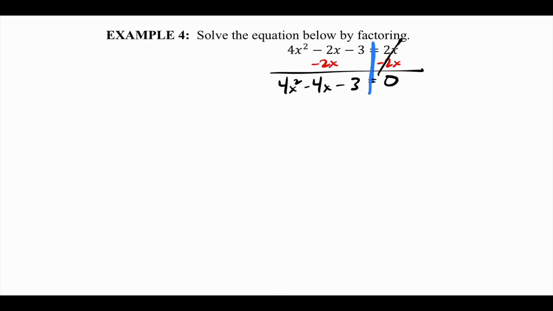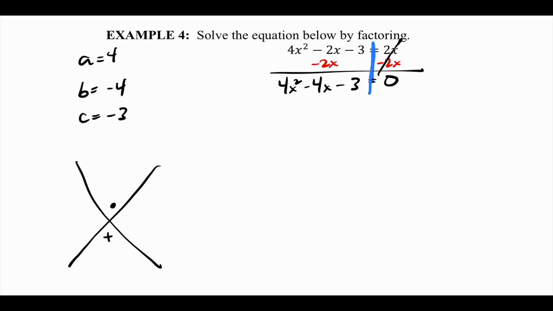Okay. Set it equal to 0. Check. Keep A positive. A is still positive. A is in fact 4. B is -4. C is -3. A times C goes on top.